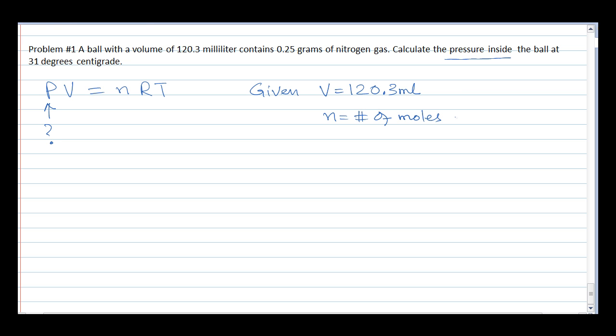So how do we get the number of moles? Well, we have been given that it is 0.25 grams of nitrogen gas. So as you can see, I can calculate the number of moles if I know the mass of the gas, and then divide that by the molar mass.